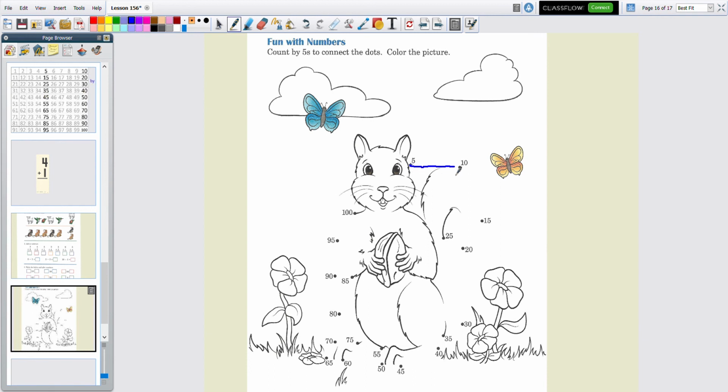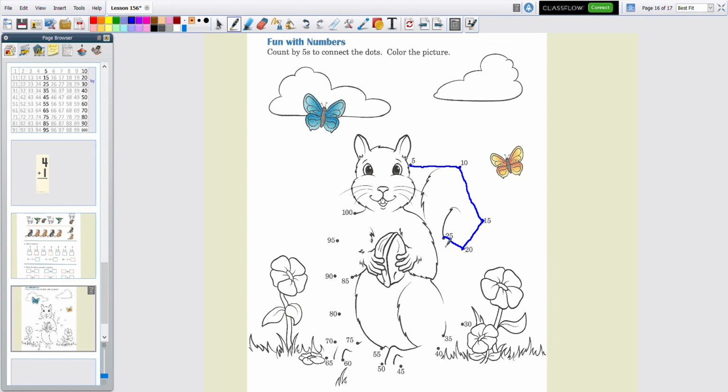I'm going to go over here. What next? 15. And if you need to look at the chart over here, we've got 5, 10, 15, what? 20. Can you see it all right on there? And then, what comes after 20? 25.